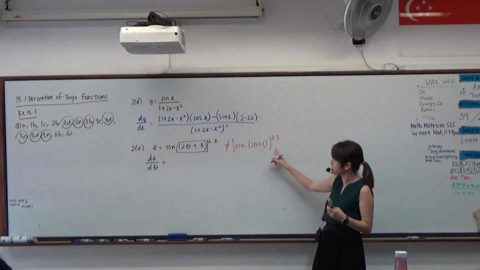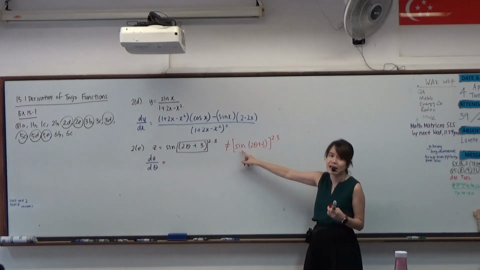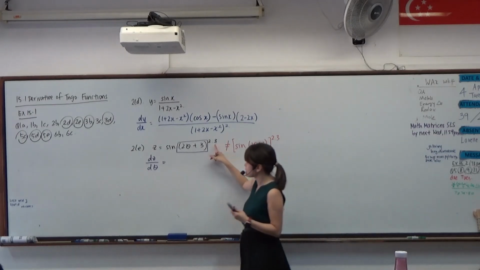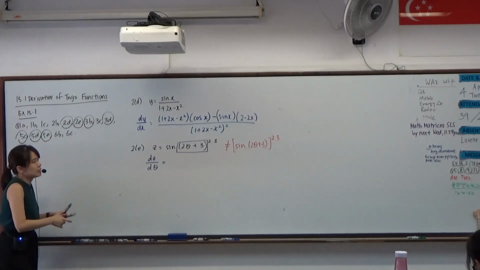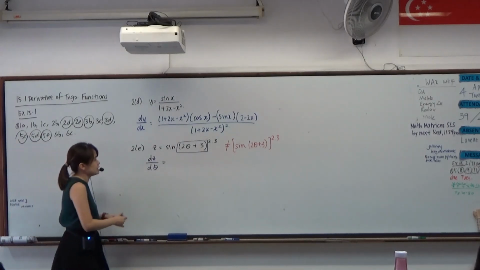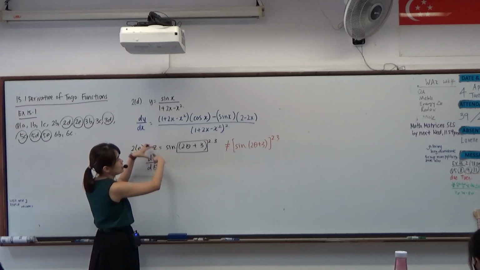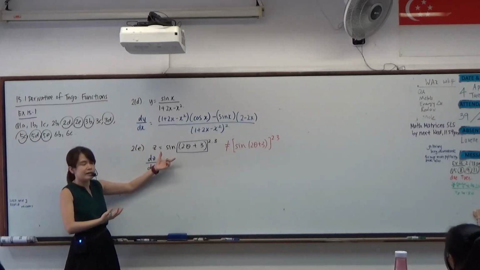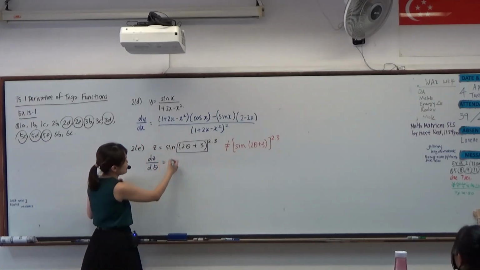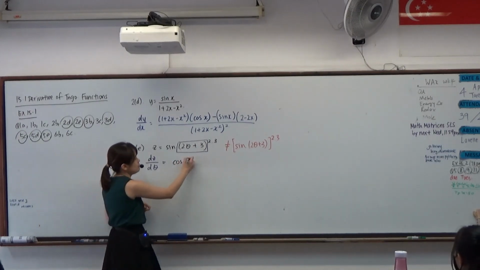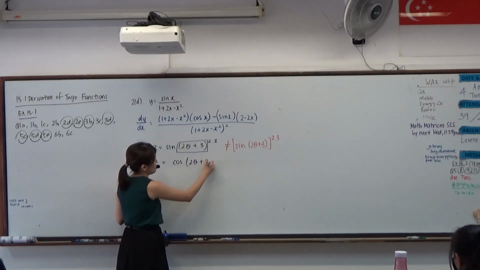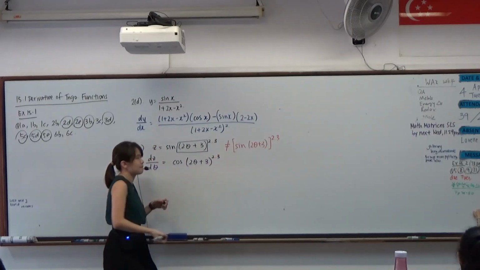This one has brackets. In this case, the base is the entire sine function, whereas this 2.3's base is actually just the 2 theta plus 3. So in order to differentiate this, we will start off with differentiating the outer one, which is the sine. The sine comes first, and differentiating sine will give us cosine. The angle maintains the same, and the angle is actually 2 theta plus 3 to the power of 2.3.